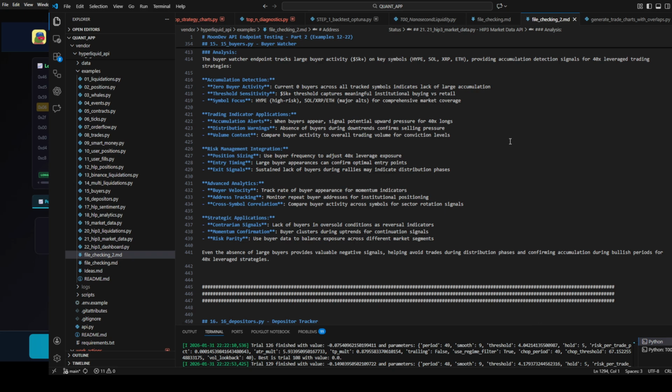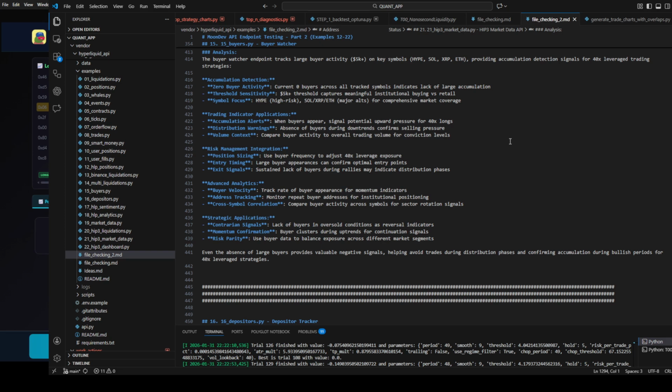Trading indicator applications: accumulation alerts when buyers appear signal potential upward pressure for 40x longs. Distribution warnings: absence of buyers during downtrends confirming selling pressure. Okay. Volume context: compare buyer activity to overall trading volume for conviction levels.